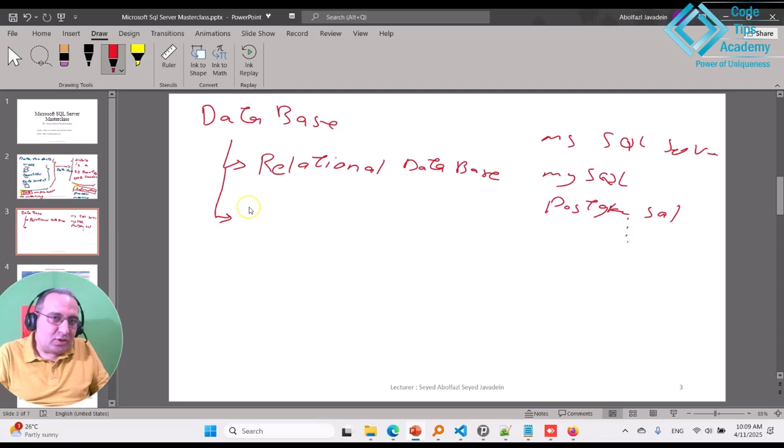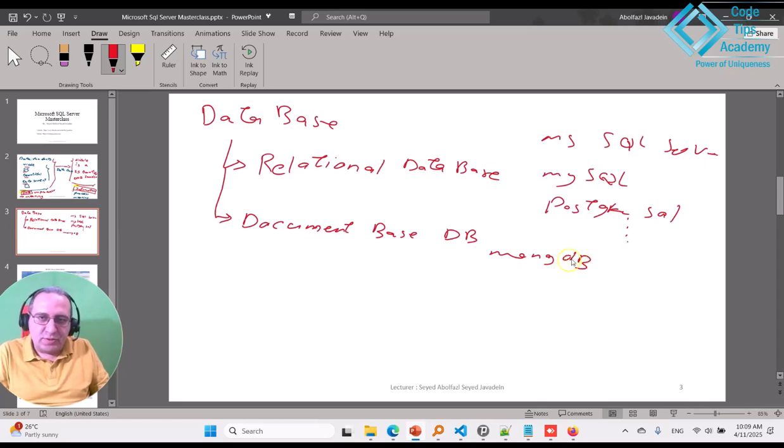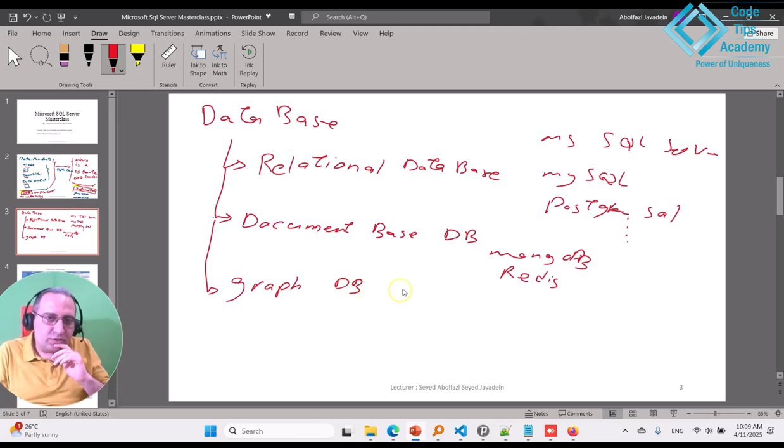Also, we have document-based databases like MongoDB, and key-value stores like Redis. We usually use Redis in applications for maintaining the cache. We also have graph databases like Neo4j. We also have vector databases.